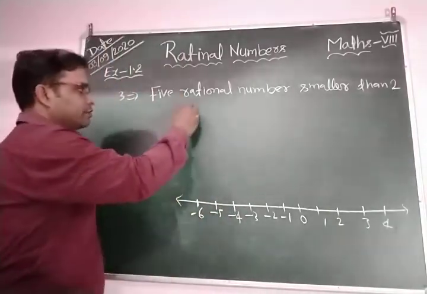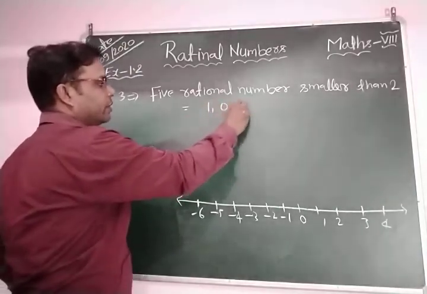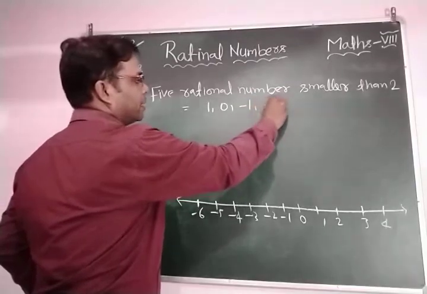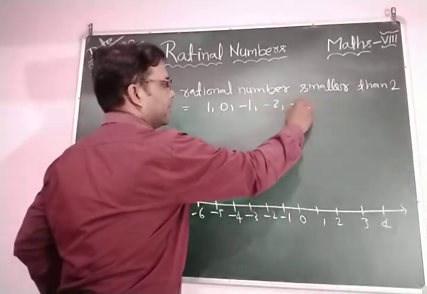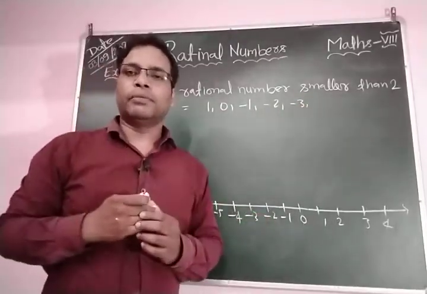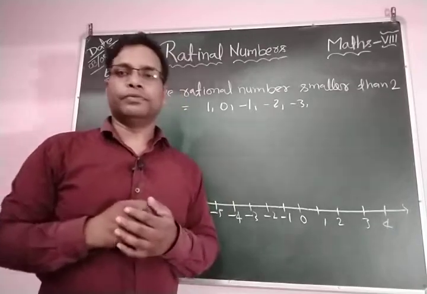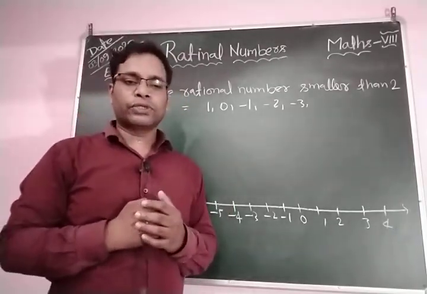So this is equal to 1, 0, minus 1, minus 2, minus 3, and so on. We have infinite rational numbers smaller than 2. Okay. So students, I hope all of you understood this question.